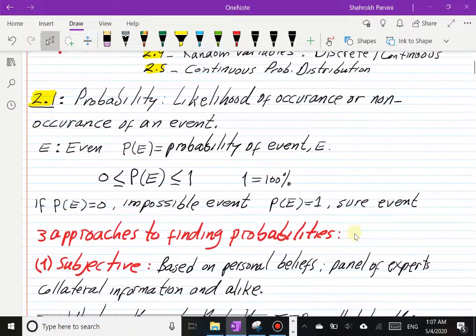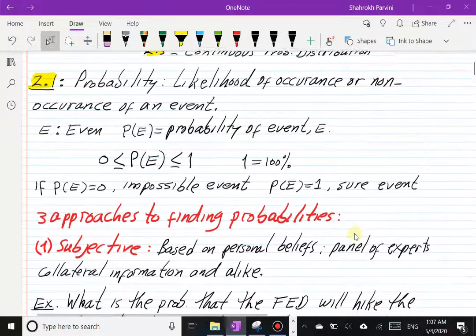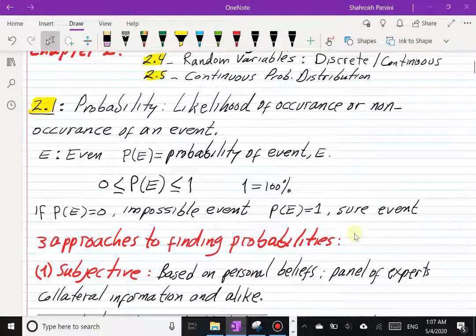Now, how are we going to actually assess probabilities? There are 3 approaches to probabilities. The first of these 3 is the subjective approach. With the subjective approach, the numbers that you hear and work with are subjective guesses. So they're not objective.